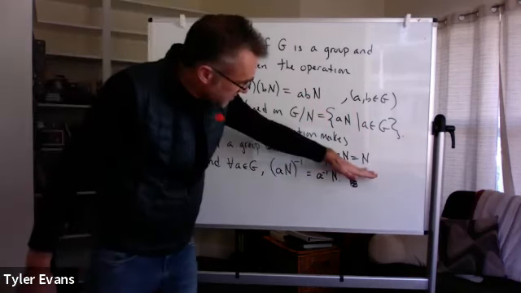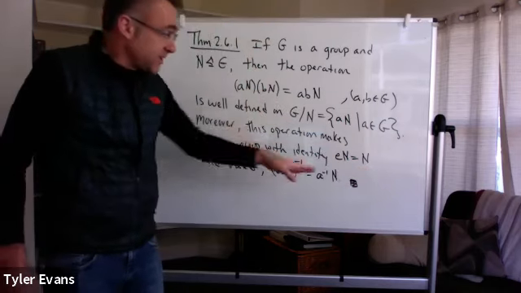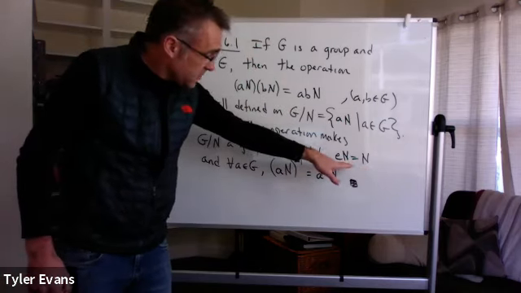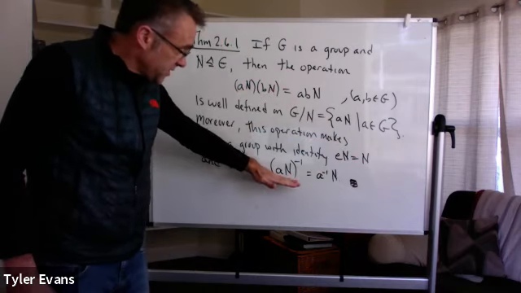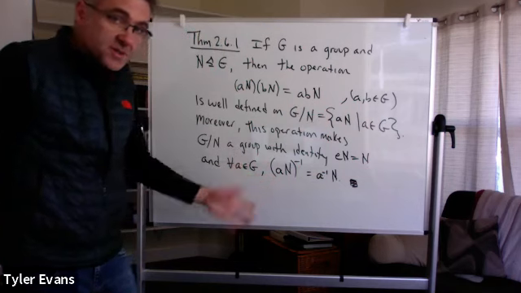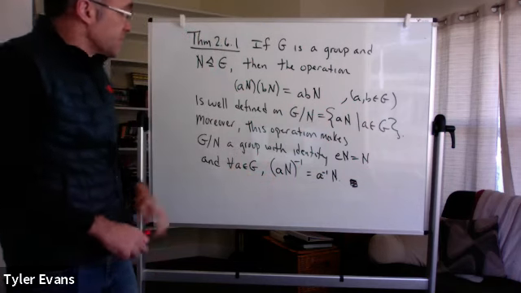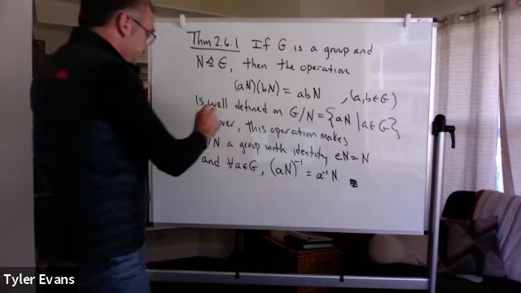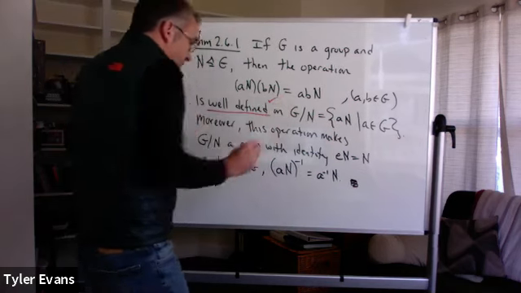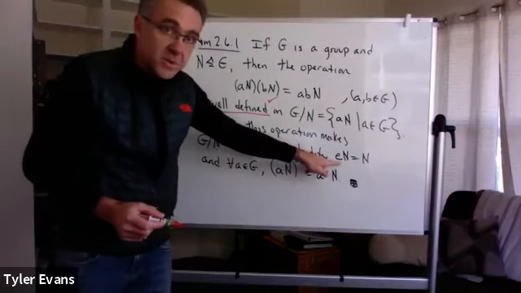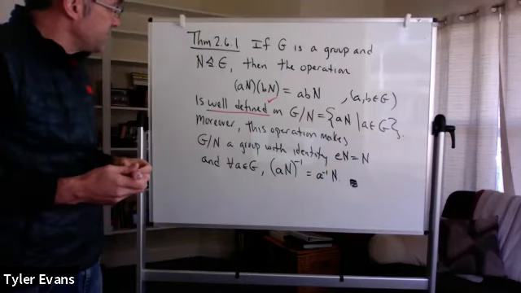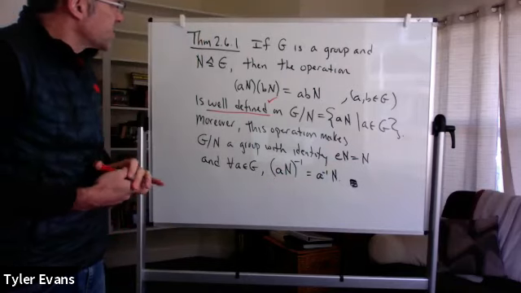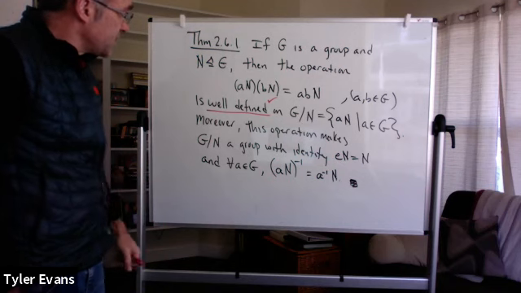I claimed this is the identity. It needs to be demonstrated that when you use this coset and this product, that it acts like an identity. And then I've claimed what I know the inverse of something is. You have to demonstrate it. So the well-definedness is done. But the associativity and the fact that the proposed identity and the proposed inverse work, I'm going to leave to you. Okay, so that's probably something to think about here.